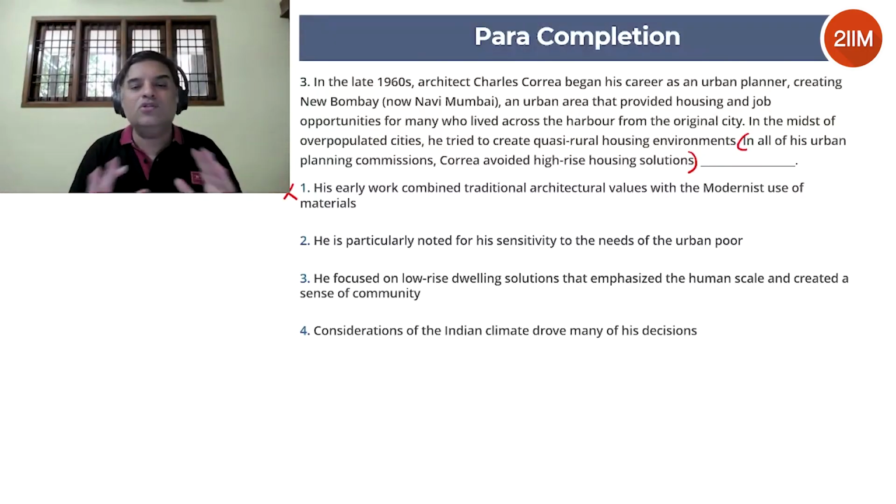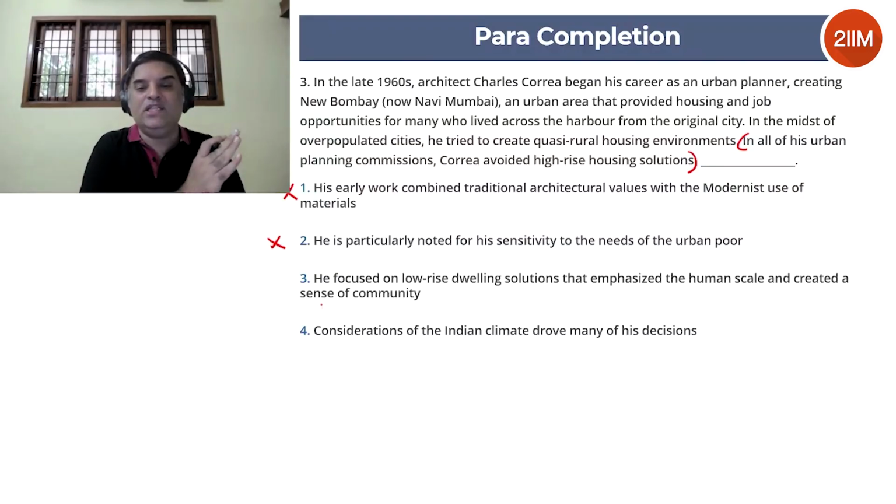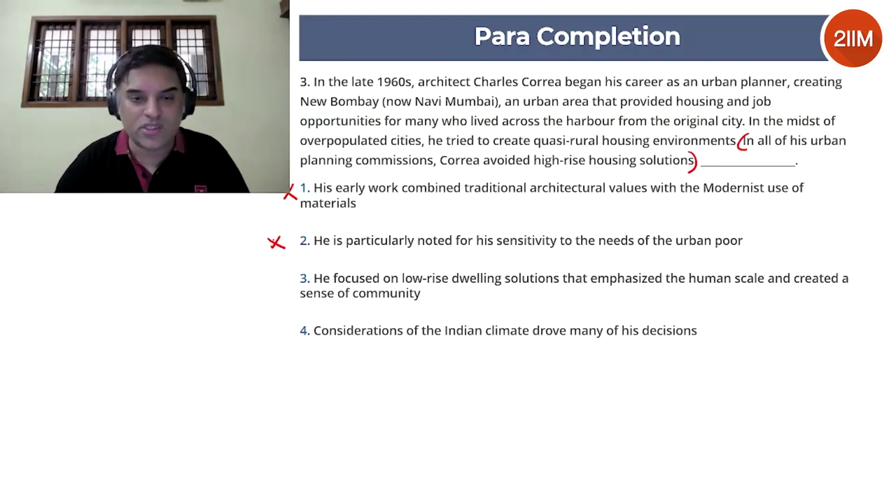It could be middle class as well. So there is no indication of poor here. We can't really infer that. We don't have enough evidence from the paragraph. So option 2, if you plug that in, it will be abrupt. He's not really talking about urban poor specifically. It's not closely connected, especially given the preceding sentence spoke about avoiding high-rising housing solutions.